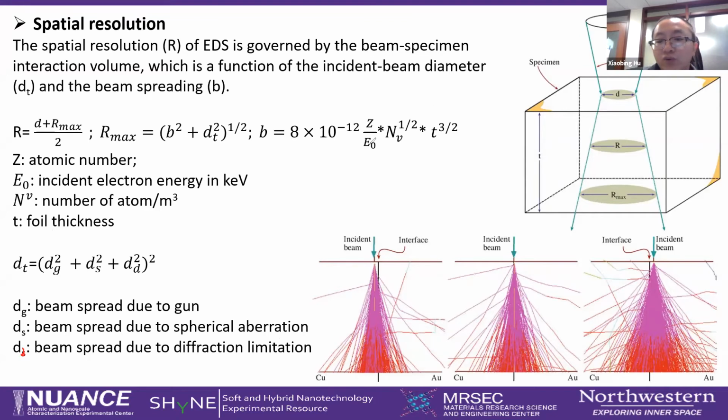This is related to your sample thickness and elements, so you can calculate it using this. There is also some example. For different elements, the beam spreading is different, so you need to pay attention to this.